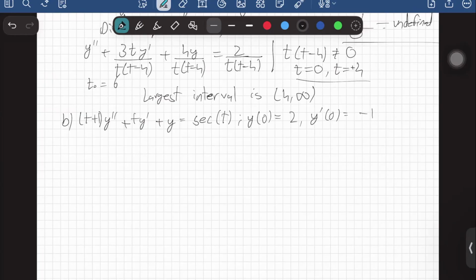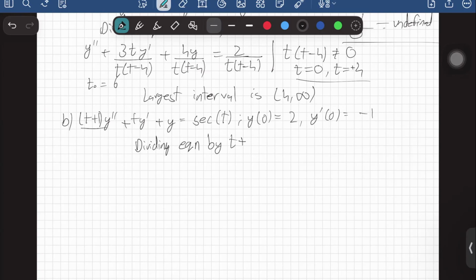Again, we want to convert this into a standard form so that we have an isolated y double prime and we can find the problematic points, right? So if we go through this again, we will be dividing the equation by t plus 1 in order to isolate y double prime.